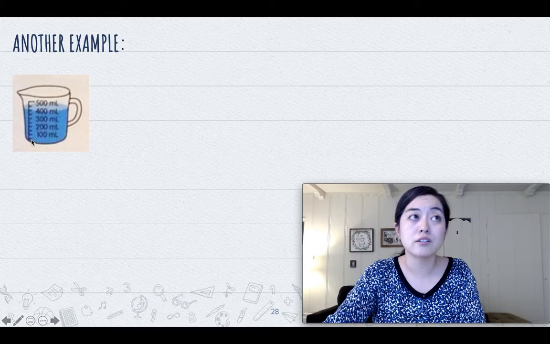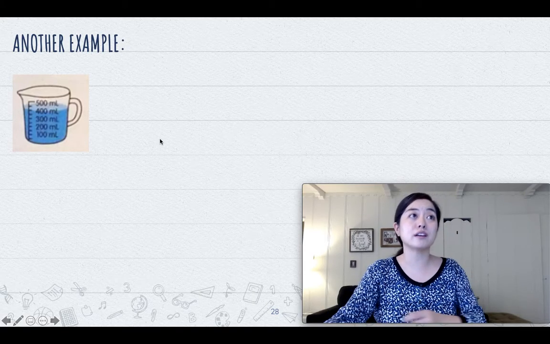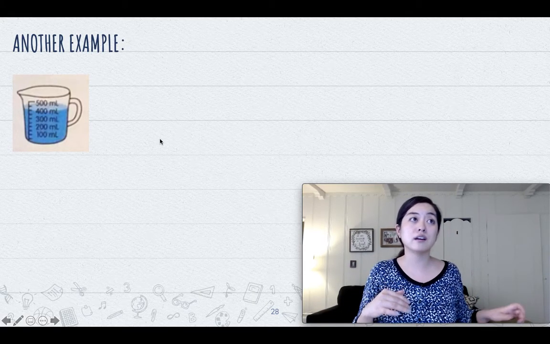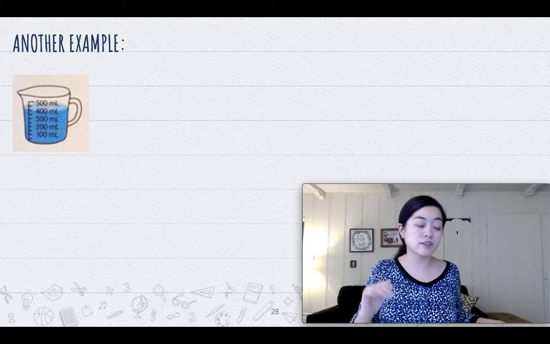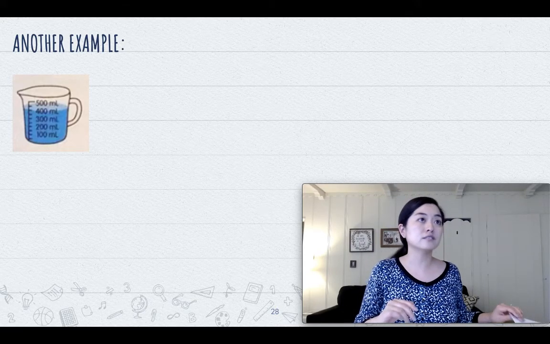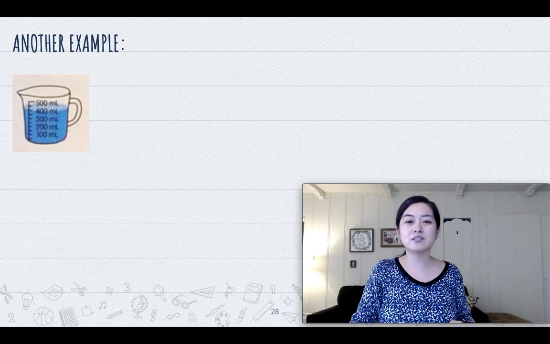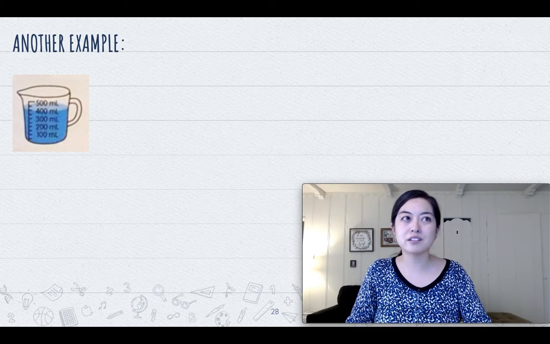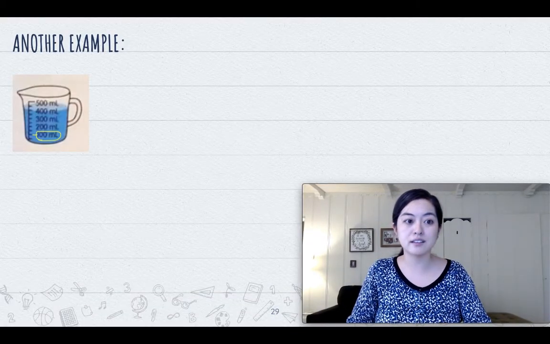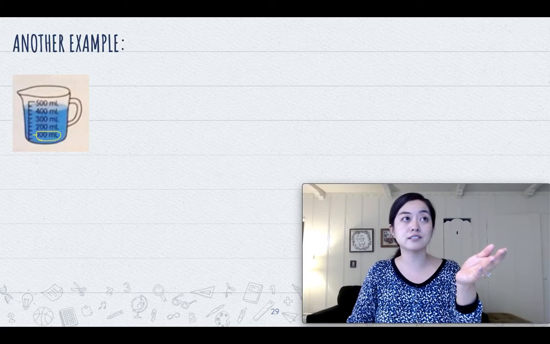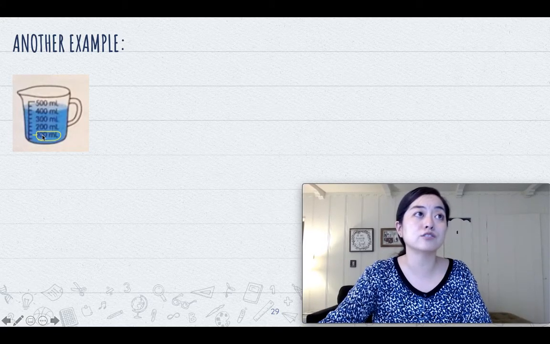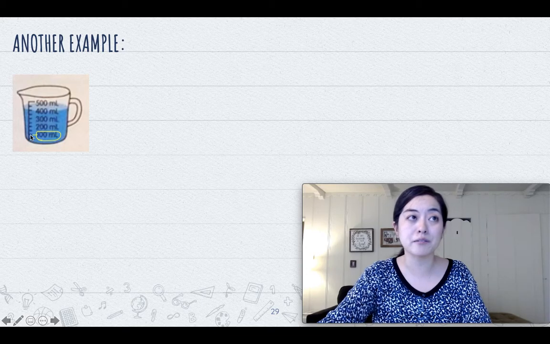Then 1, 2, 3, 4, 5, 6, 7, 8, 9, 10. So there's 10 markings between the bottom of the cup all the way to 500 milliliters. But I see something a little bit easier for me. I'm going to look at the 100 milliliters. The 100 milliliter is right here, and it's at the second marking, right? So from the bottom of the cup all the way to 100, how many markings are there?